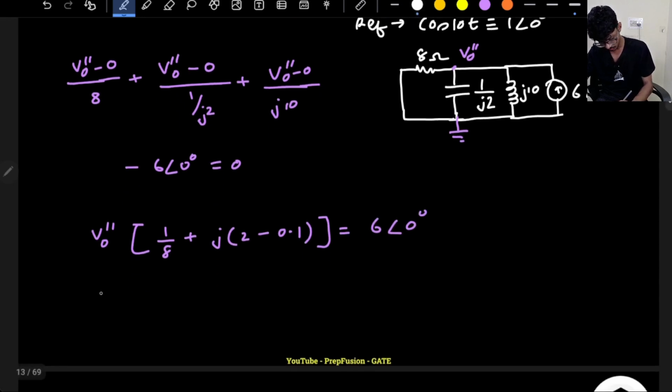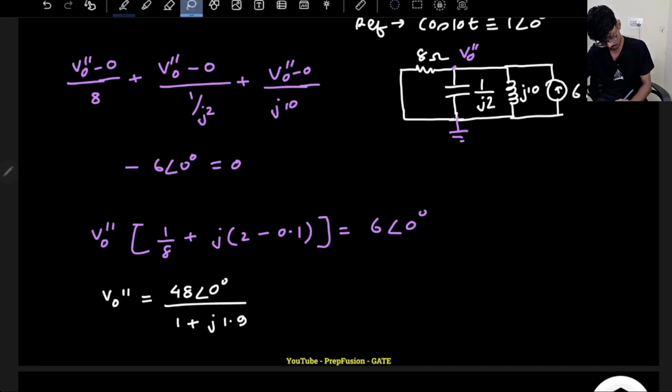So VO double dash, if I multiply by 8 on both sides, will be 8 into 6, that is 48 angle 0, divided by 1 plus j1.9.